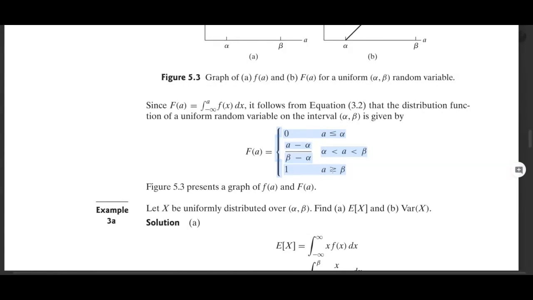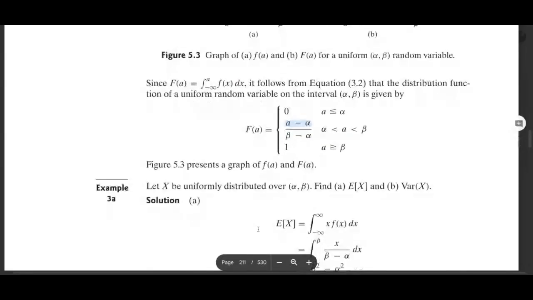If a is greater than or equal to beta, that equals 1. In the middle, it's just a minus alpha divided by beta minus alpha, if a is in between alpha and beta. All right, so that's the cumulative distribution.